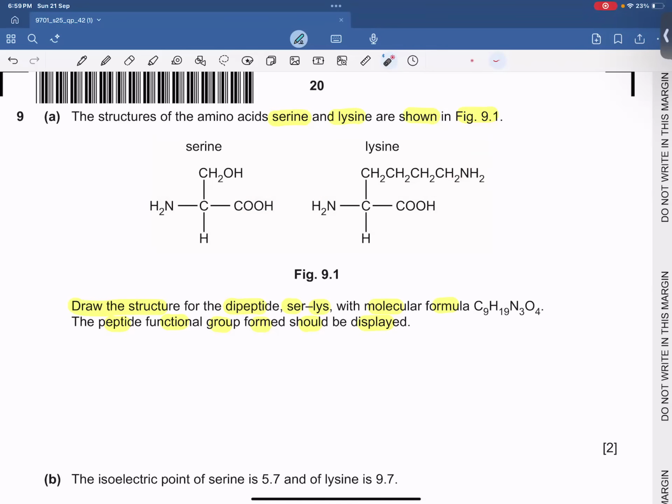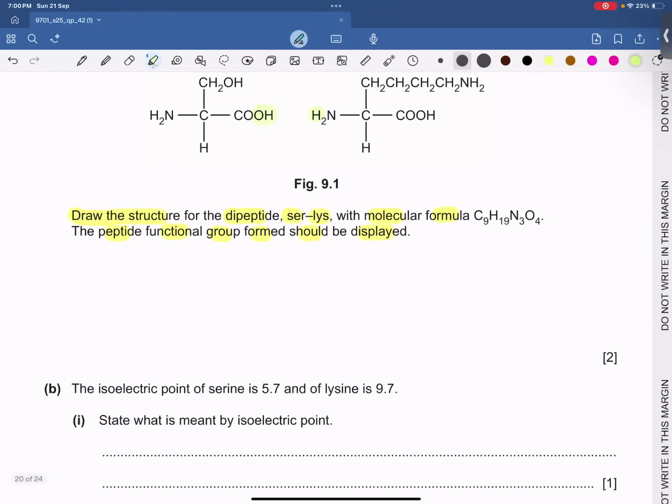So there are multiple structures that can be possible for the dipeptide. All right. So I'm going to go for the easiest one, where OH is going from COOH and H is going from NH. The rest of the molecule will remain as it is.